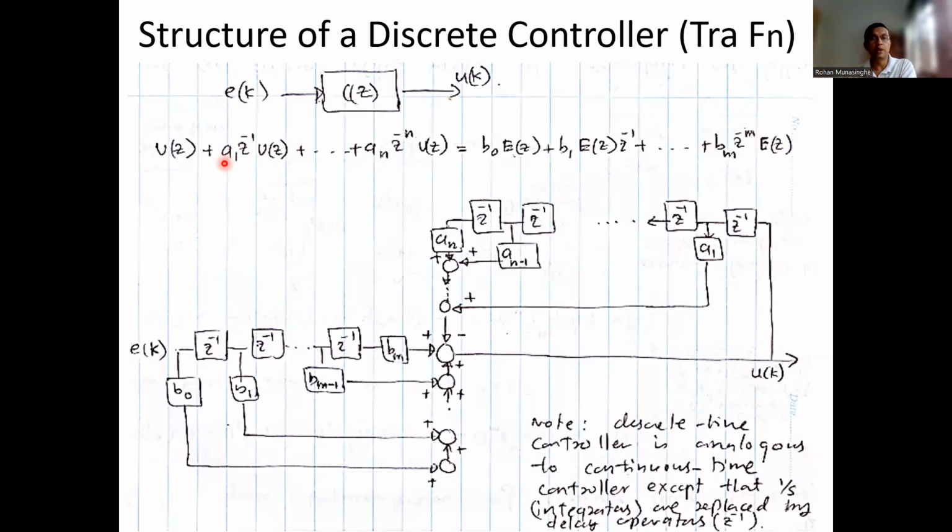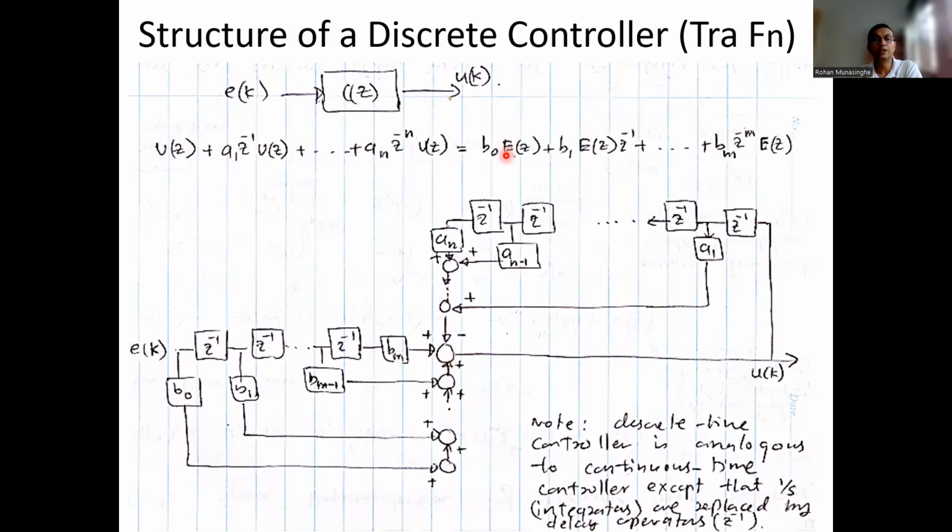You multiply, add, multiply, add, multiply, add, and at every step there's a z to the minus 1. And remember, this z to the minus 1 is the time shift of one step. In fact, z to the minus 1 is a delay, not a time advance, but a time delay. All right, so this is pictorially what's happening there. And there are a lot of adders here. When you add all of them together, you generate the total left-hand side signal, okay.